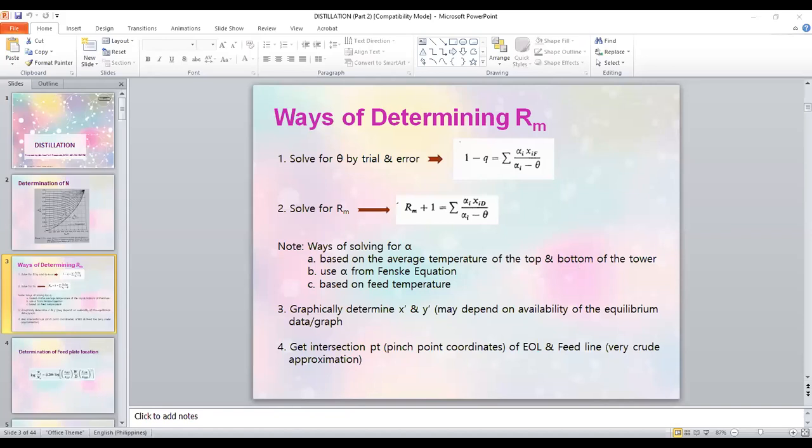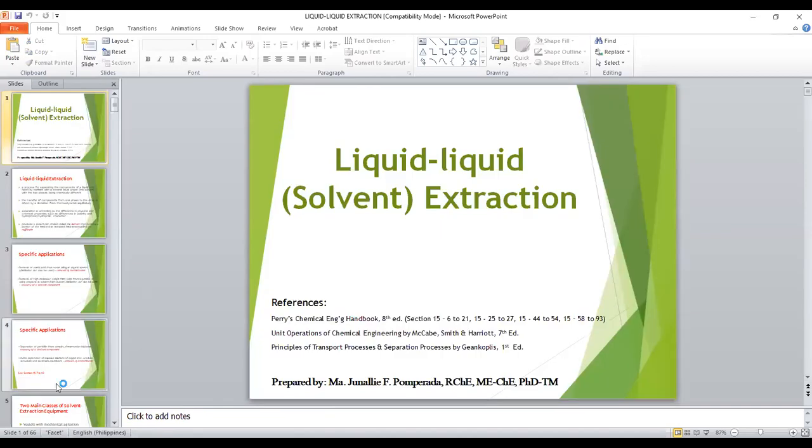Okay, so this is the last topic for midterm, liquid-liquid extraction. I will just be discussing the intro for this afternoon.